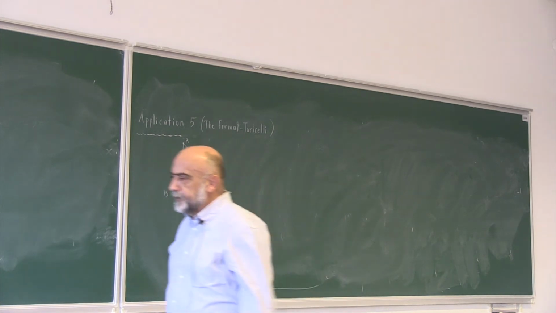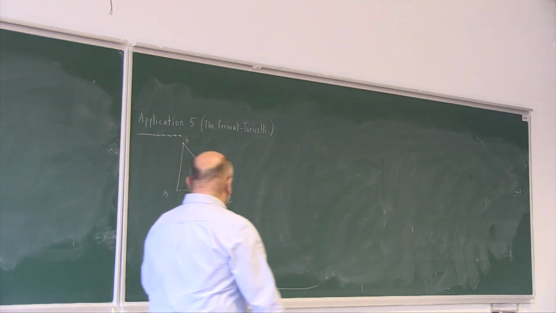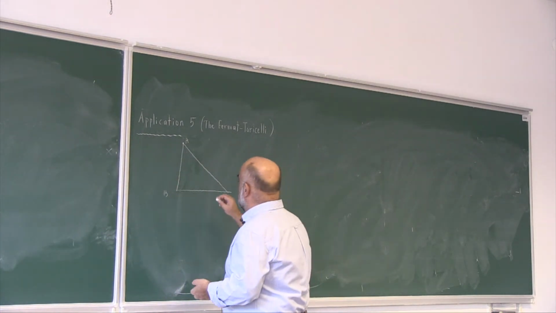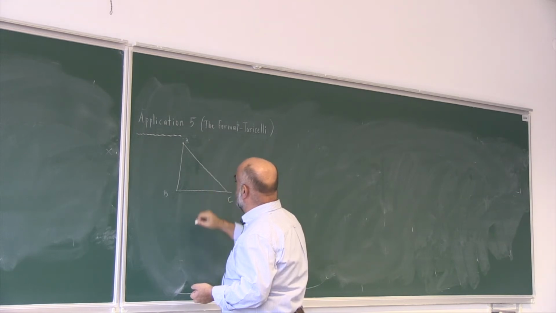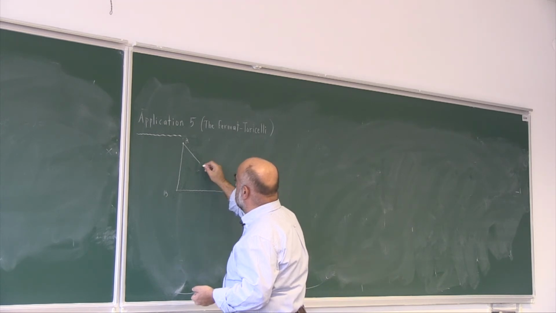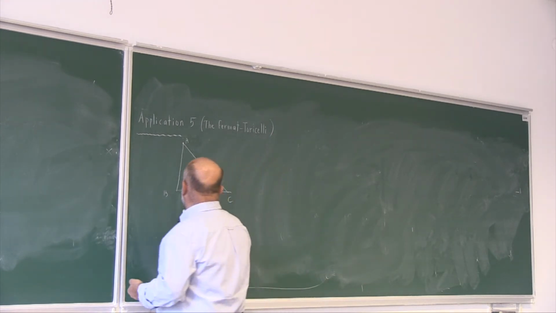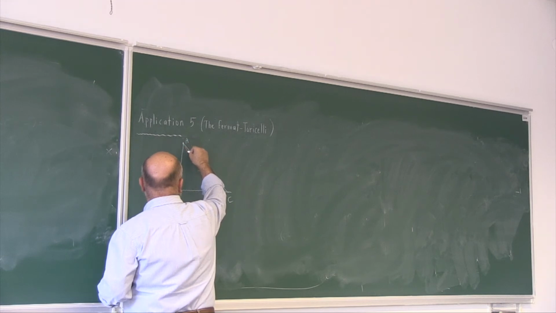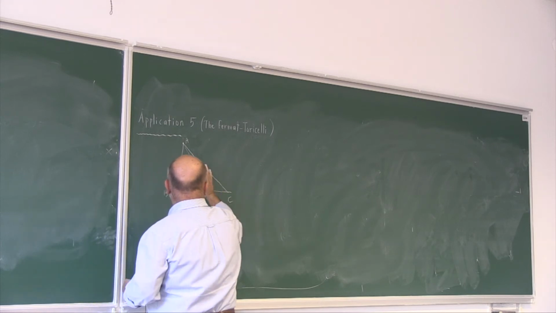The problem is the following. The problem that Fermat proposed and himself couldn't solve. At which point, for every point that you take inside the triangle ABC, you can take the distances AX and BX and CX.